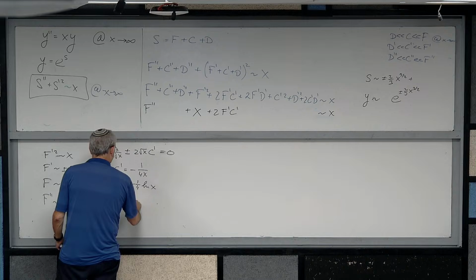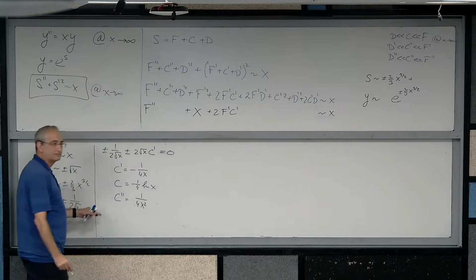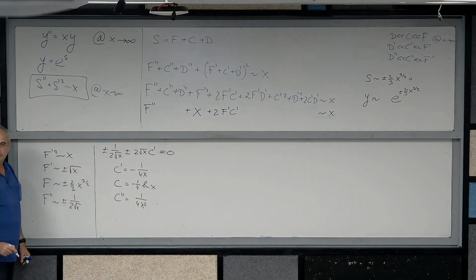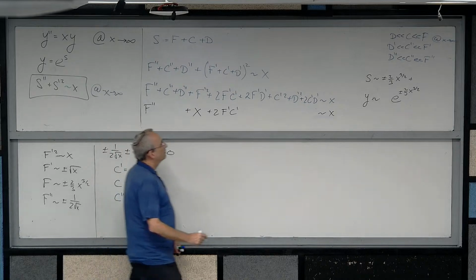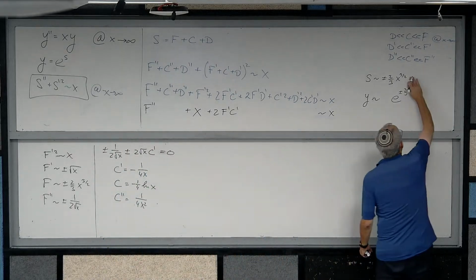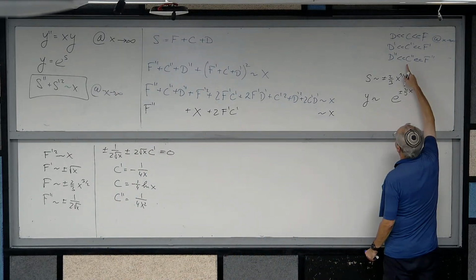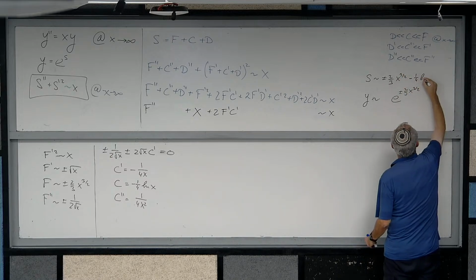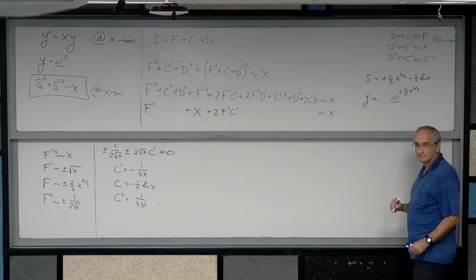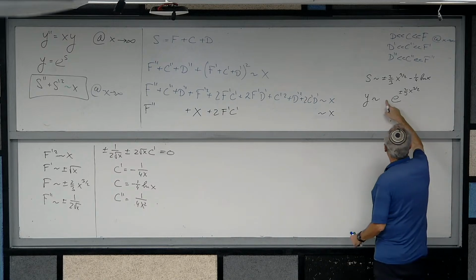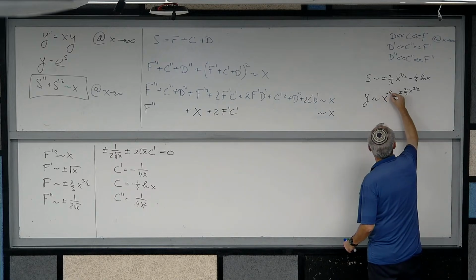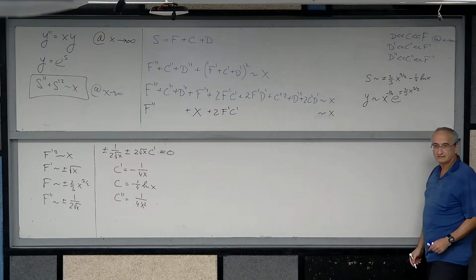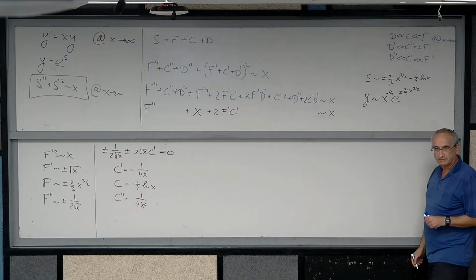So c is minus 1/4 ln x. So c double prime is 1 over 4x squared. You see? Good. So now I know that I have here minus c. Now what is c? 1/4 ln x. So this implies that what I have here is x to the minus 1/4. That's the next term.